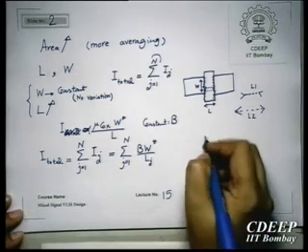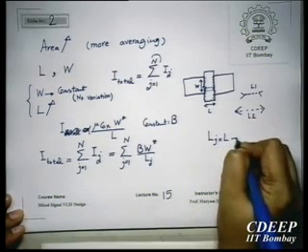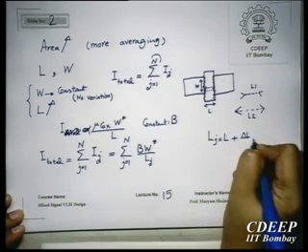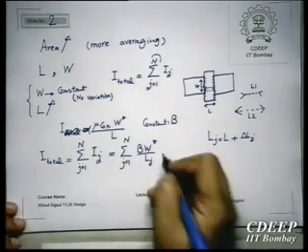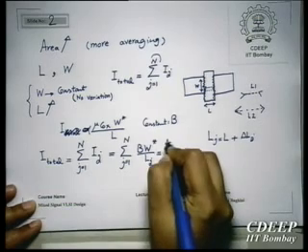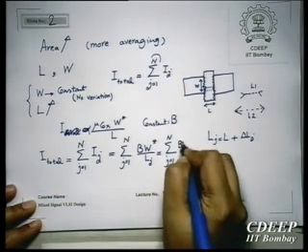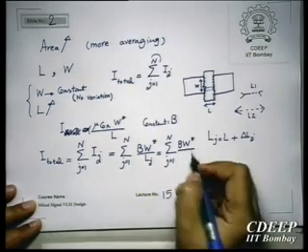Now, I consider each Lj is some L plus some delta L, which is related to that Lj. L is the value that is drawn in the mask. So I will replace it. B is a constant, and W doesn't observe any variation.